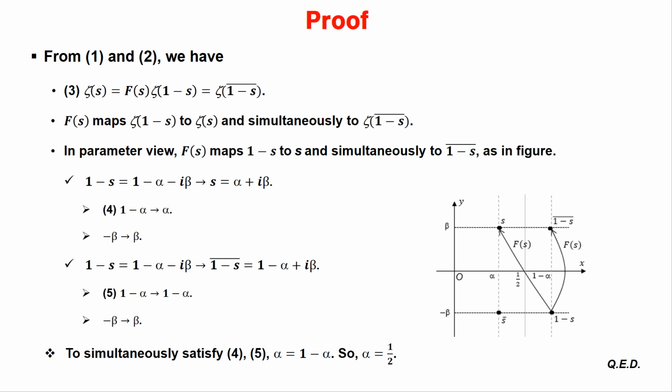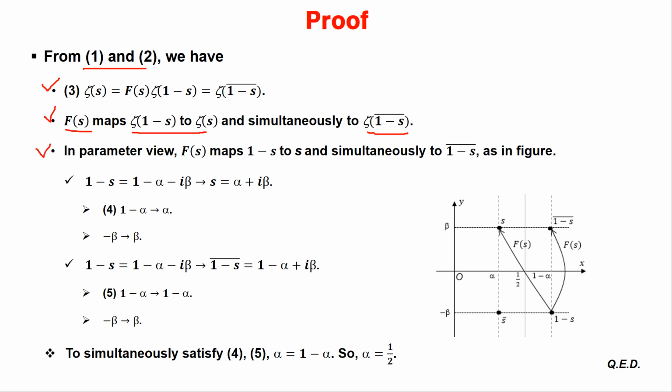Here we are ready to prove the Riemann hypothesis. From equations 1 and 2 we have equation 3, and equation 3 implies F(s) maps this value to this and simultaneously to this.